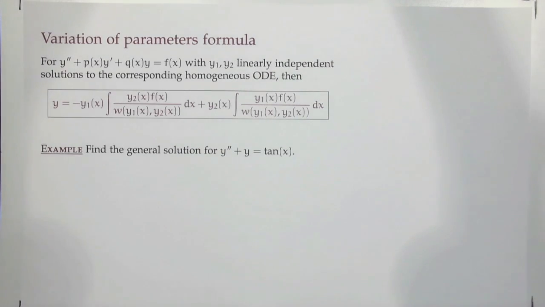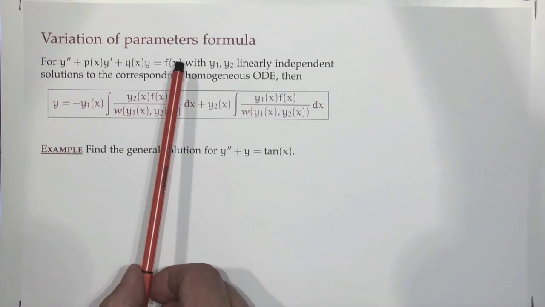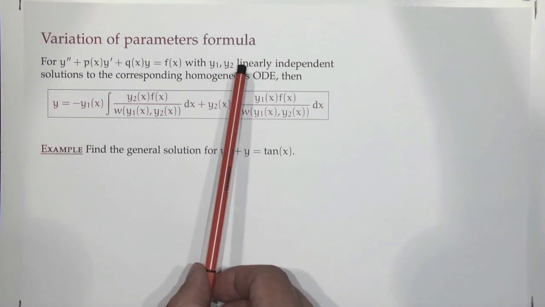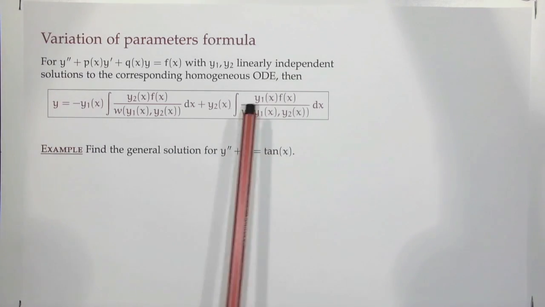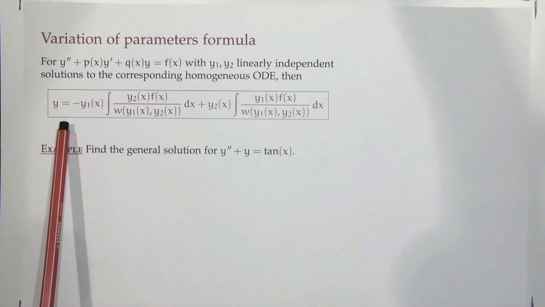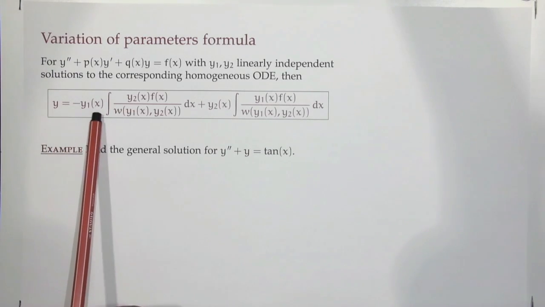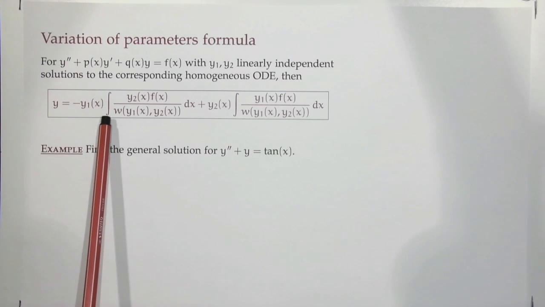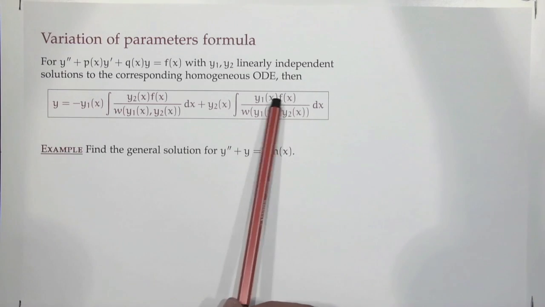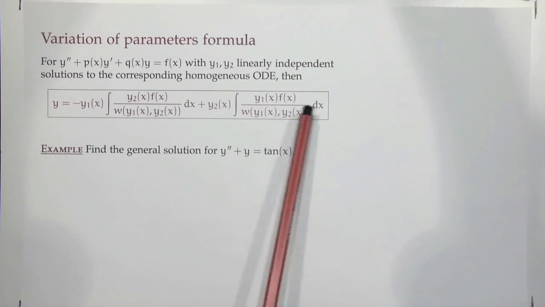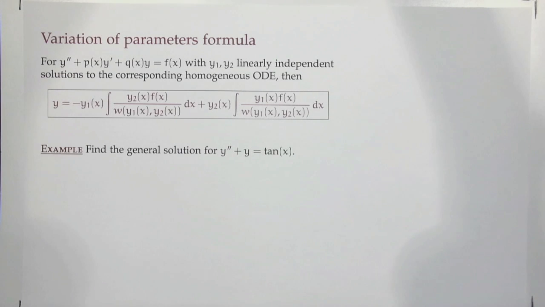So, for the differential equation y double prime plus p of x y prime plus q of x y equals f of x, and y1, y2 are linearly independent solutions to the corresponding homogeneous ordinary differential equation, then y is minus y1 of x integral y2 of x f of x over the Wronskian of y1, y2 dx plus y2 integral y1 times f over the Wronskian of y1 and y2 dx. And I don't even say the particular solution. This actually captures everything. This is the entire solution.